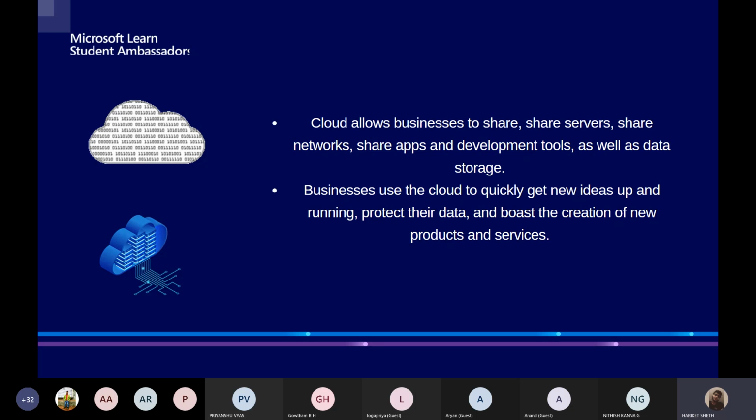There's not just one cloud. Since I'm an MLSA, that doesn't mean I would be covering only Microsoft Azure. There are multiple cloud service providers. You know about GCP, which is Google Cloud Platform. You have AWS services. You have Microsoft Azure. You have multiple competitors coming into the market, like IBM, Oracle, and even VMware.